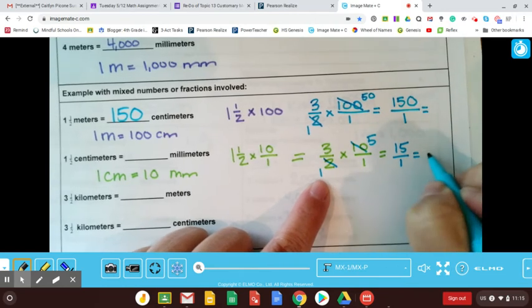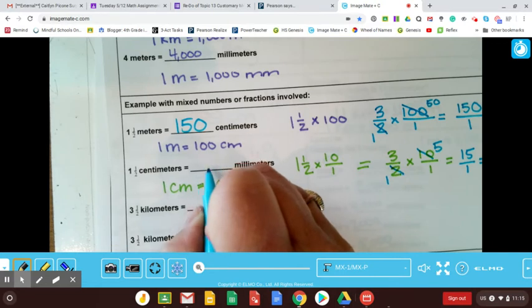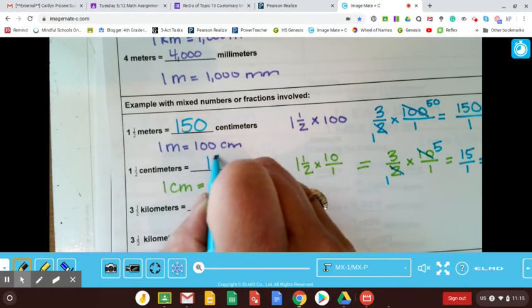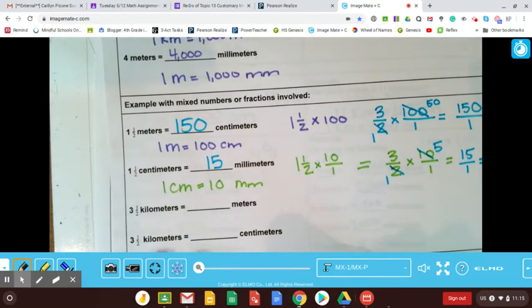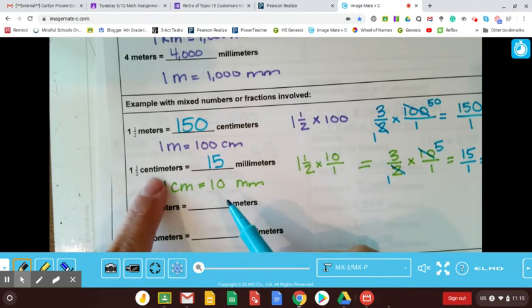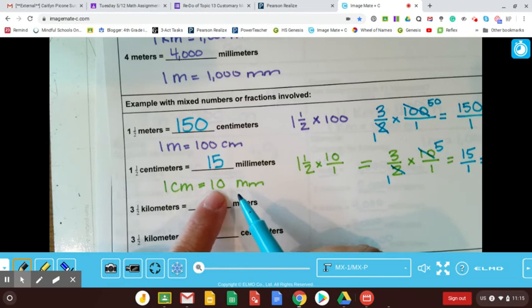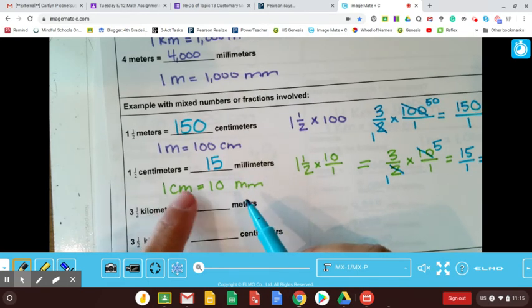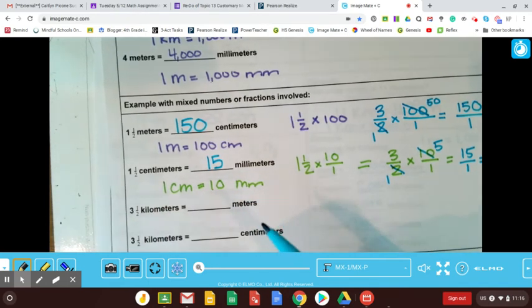Over 1 would be just 15. So 1.5 centimeters is going to be 15 millimeters. And that makes sense, right? Because 1 centimeter would be 10, and then a half of 10 would be 5, so it'd be 15.